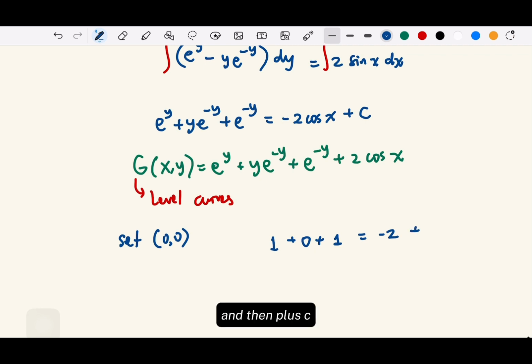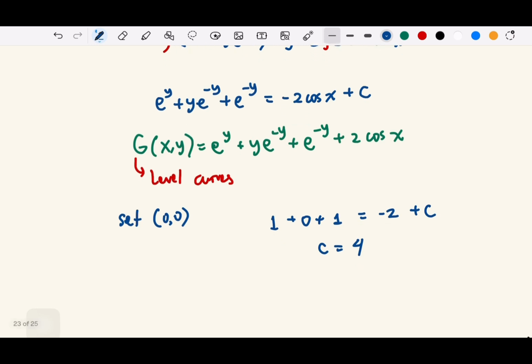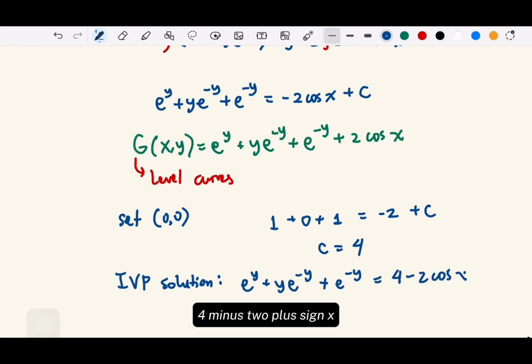And then plus c. So we get that c is actually 4, which means that our IVP solution is e to the y plus y e negative y plus e negative y equal 4 minus 2 cosine x.